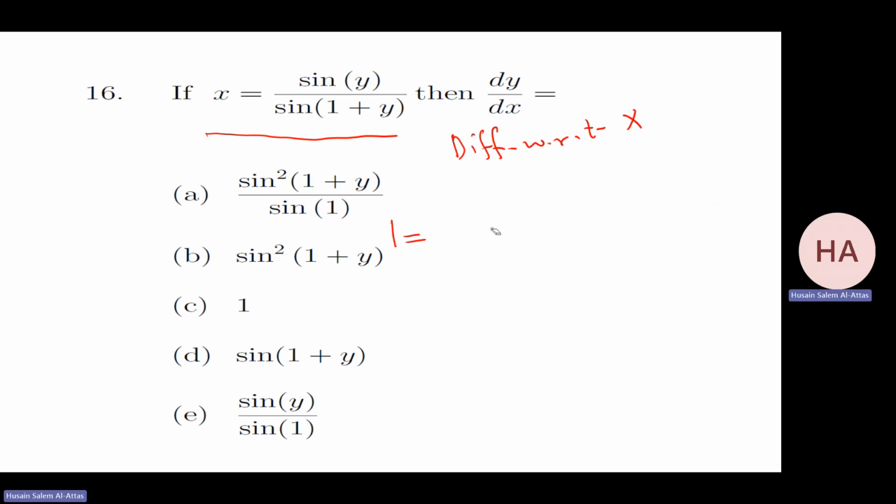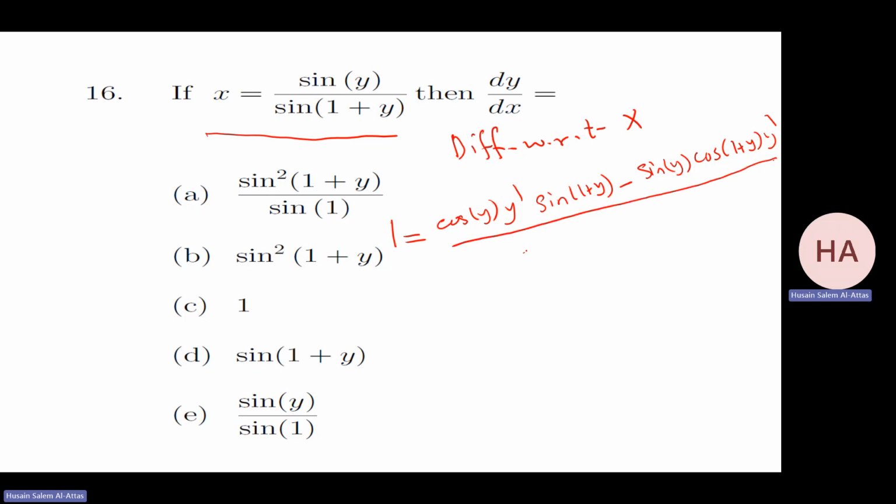Wait a minute. Don't forget we have the y prime. So that will be cosine y, y prime, sine y over... plus y minus sine y cosine(1 plus y) times 1 over 0 plus y. We have the derivative 0 plus y prime.